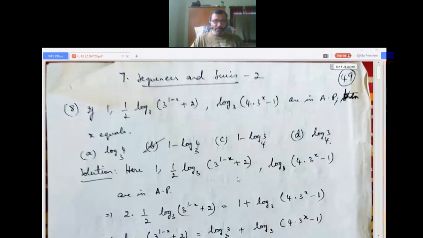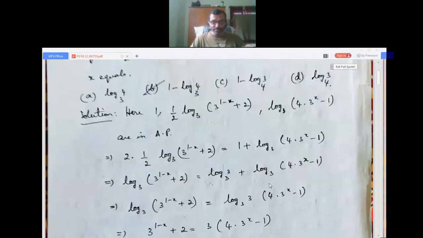Now you can see that 1, half log base 3 of 3 power 1 minus x plus 2, and log base 3 of 4 into 3 power x minus 1 are given to be in AP. AP means arithmetic progression. There is a common difference. A is the first term, D is the common difference.